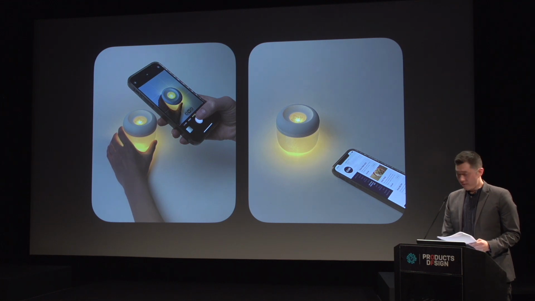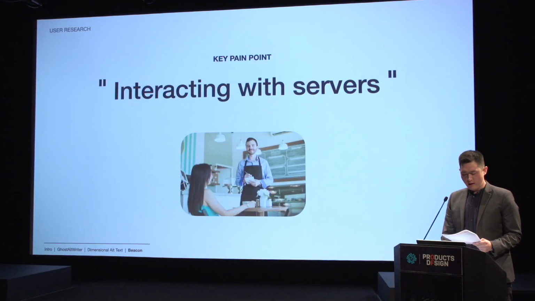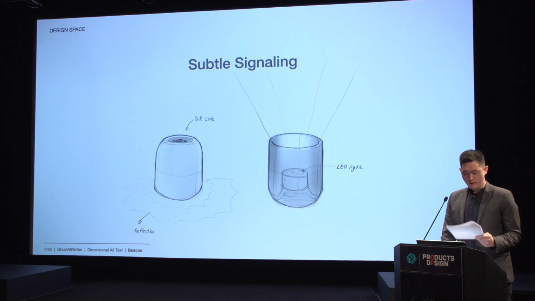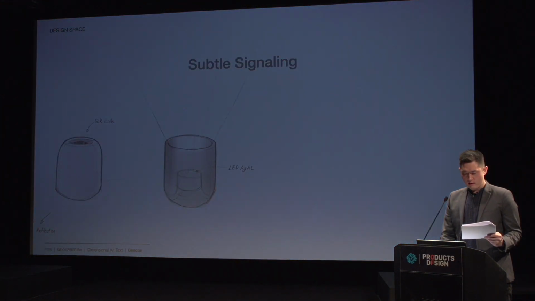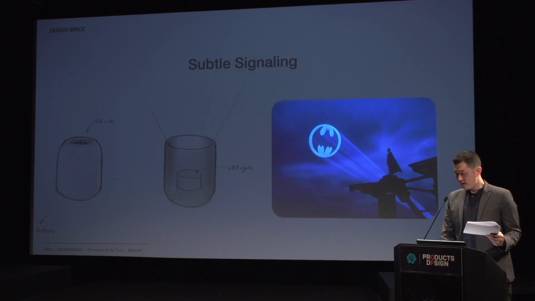During FGI interviews, I identified another key pain point related to interacting with servers, which often relies on eye contact. To address this, I incorporated a subtle signaling feature in my design. And it's inspired by the Bat-Signal, of course.